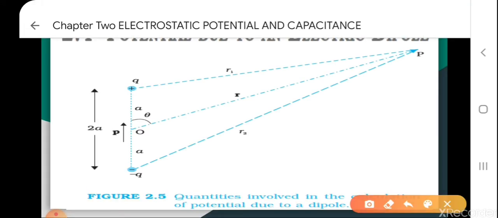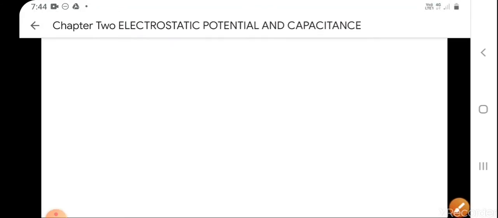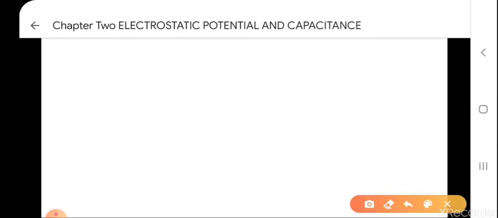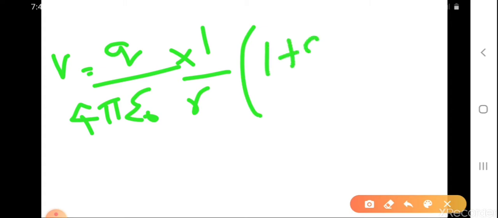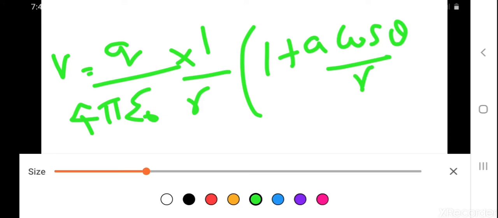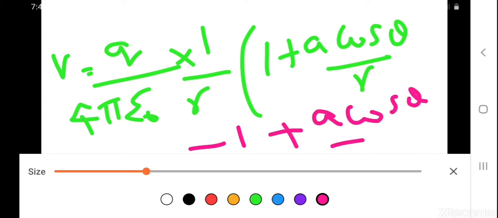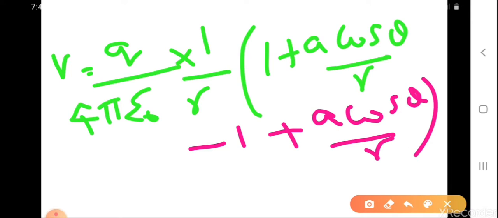Now the formula will become, 1 minute. Now the formula, again I write: V is equal to Q over 4 pi epsilon naught, 1 by R you can take out, into 1 plus A cos theta by R minus 1 minus A cos theta by R. You can look at the note, then you will find.